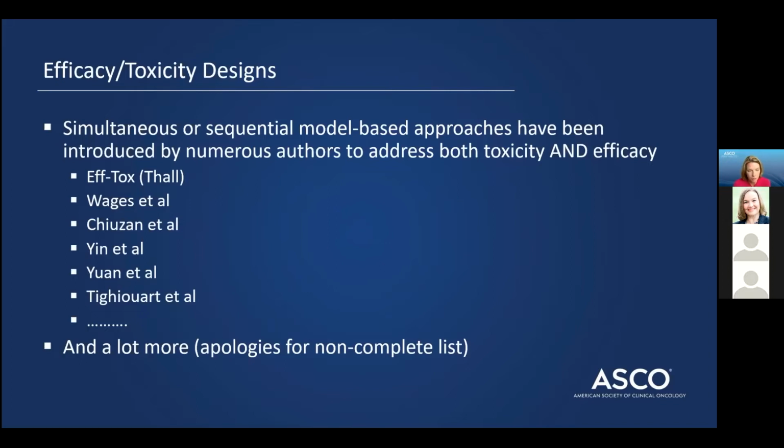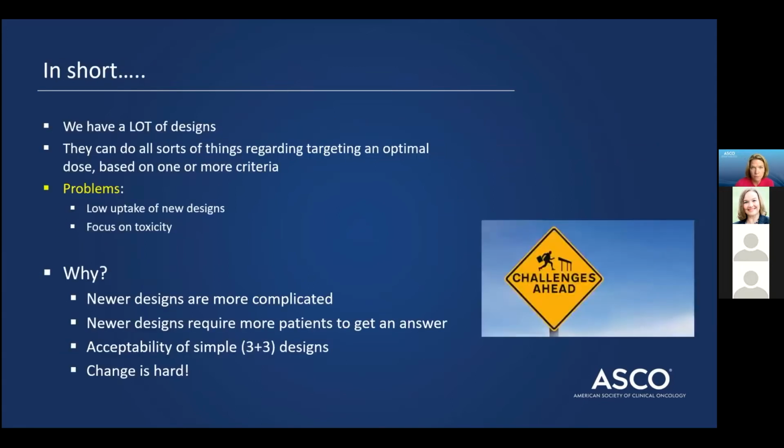It really doesn't make sense to base dose finding purely on a toxicity outcome. So there's been lots of work done here. I won't get into all the details. There are some authors listed here, but like I said on the slide, this is really an incomplete list.